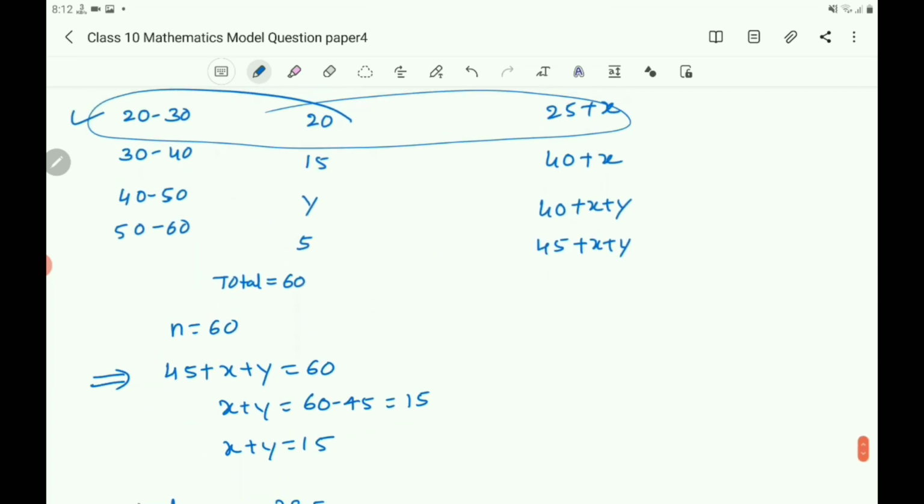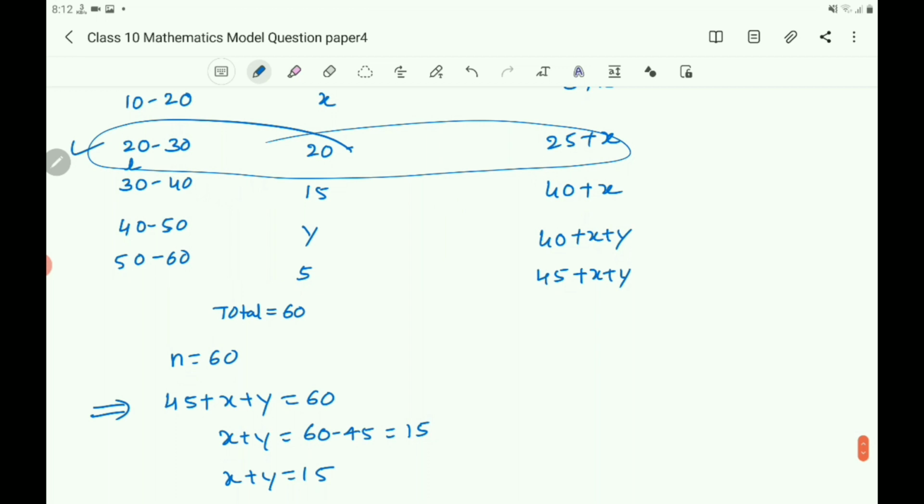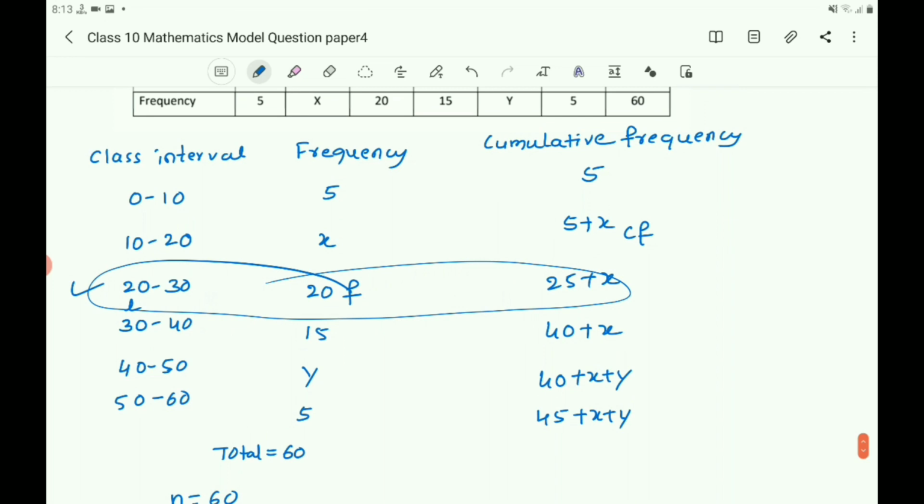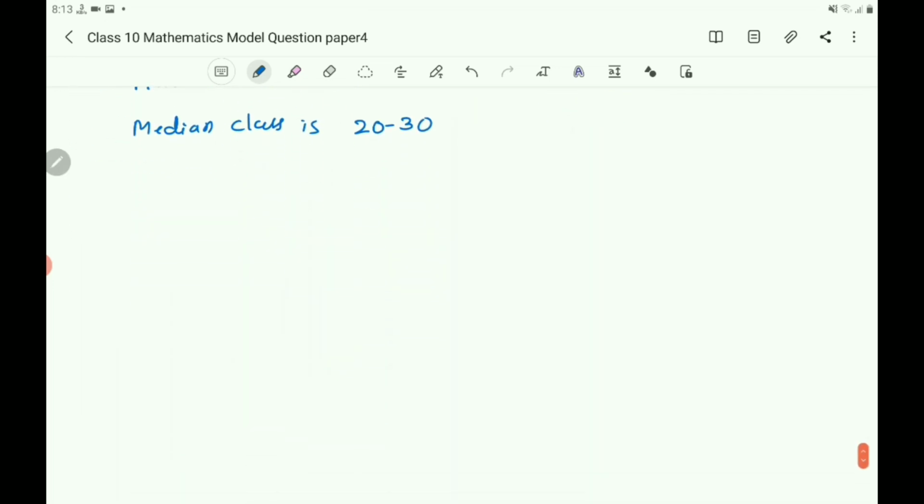Now you find L. L is what? 20. And f, f is the frequency of the median class. And CF, CF is this one, 5 plus x, that is the CF of the previous class of the median class. Then h, the size of the class. You know that 30 minus 20 is 10.